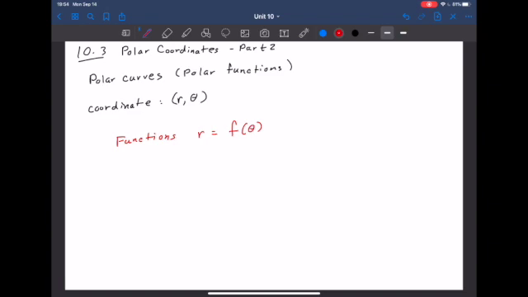We would think about graphing theta first and then finding r. So usually what we're going to do is think about theta as the input causing some distance from the origin.